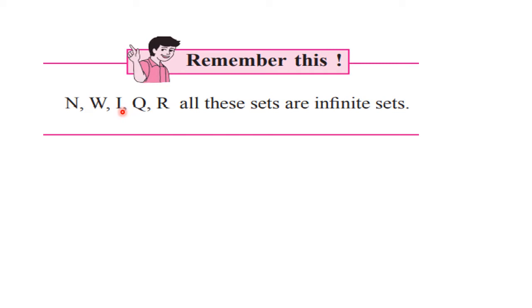You have 0 in the middle, all the negative numbers appear on the left hand side of 0, and all positive numbers appear on the right hand side of 0. But still it is an infinite set because the elements are uncountable. Q means rational numbers, which is also an infinite set. R is real numbers. You know that rational numbers and irrational numbers together are called real numbers. So real numbers are also an infinite set. You have to keep this in mind.